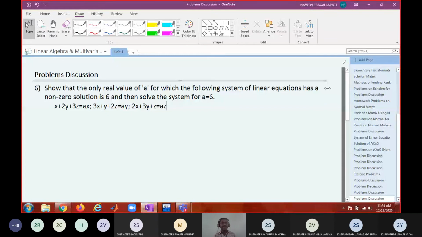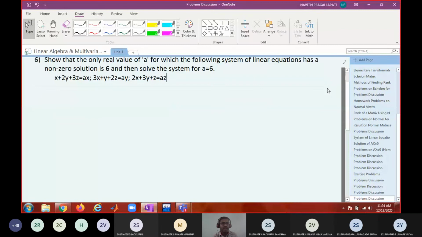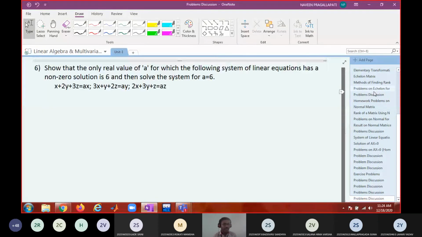Okay, so can you tell me the coefficient matrix A? Is this Ax equal to 0 or Ax equal to B? Please tell me.